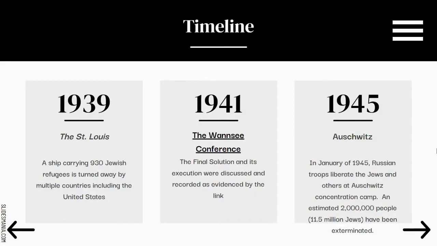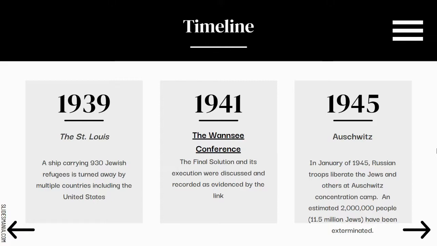1941 is a pretty important date, and this conference is a pretty important conference. The Wannsee Conference takes place, and it is at this conference where the final solution and how it will be carried out is discussed.